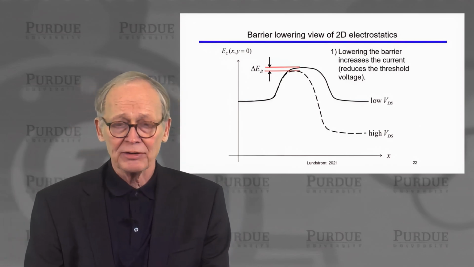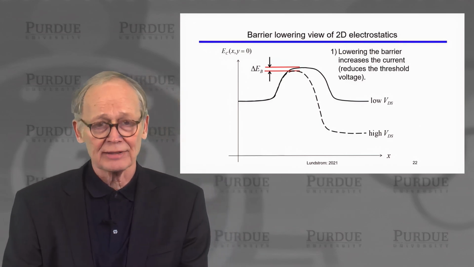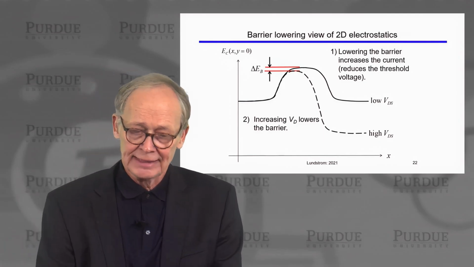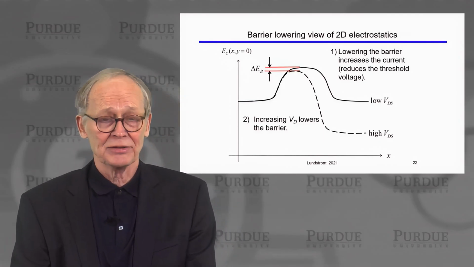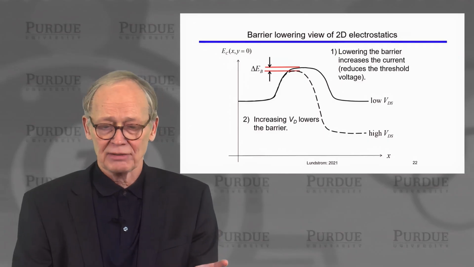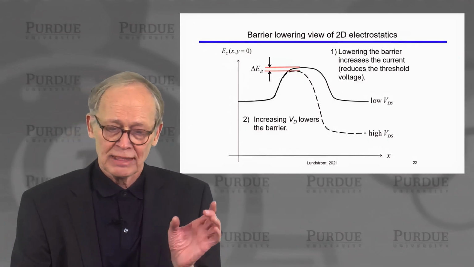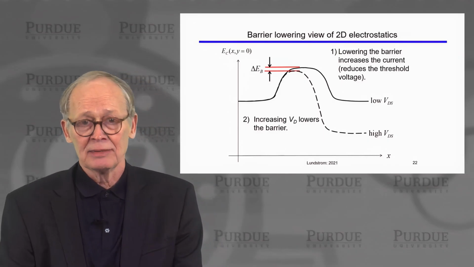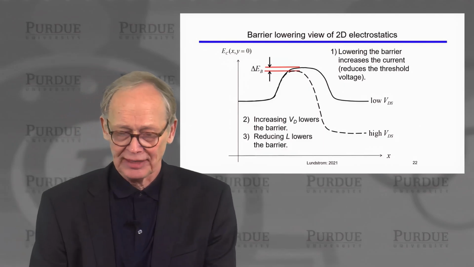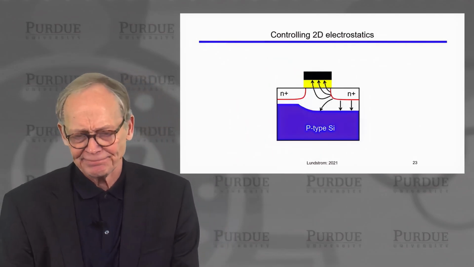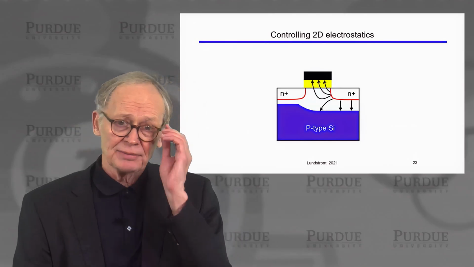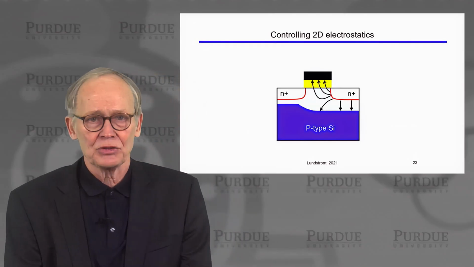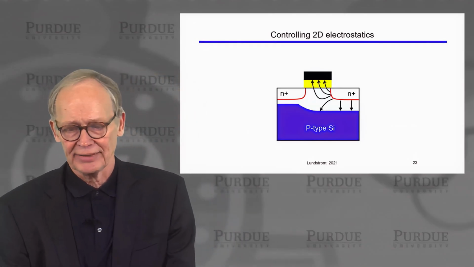So lowering this barrier increases the current and reduces the threshold voltage. Increasing the drain voltage also will lower the barrier. So either shrinking the channel length or increasing the drain voltage, both of them can lead to this effect. A lot of modern transistor design is all about controlling these 2- and 3-dimensional electrostatic effects.